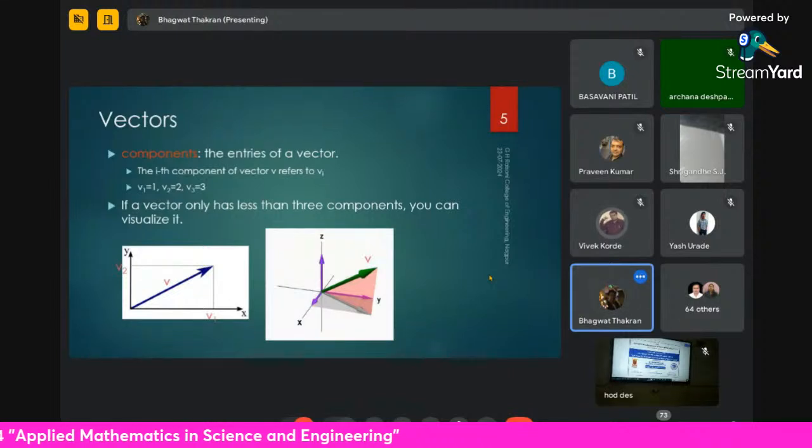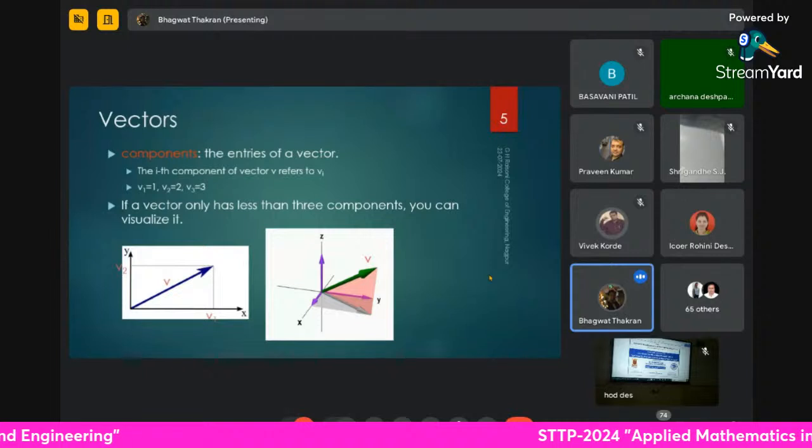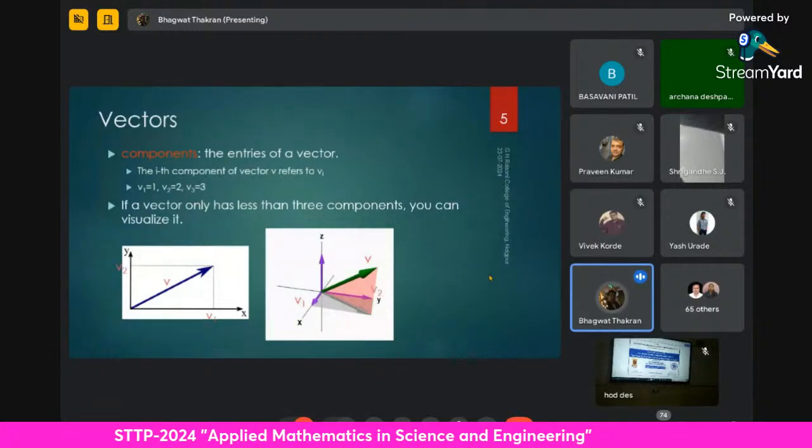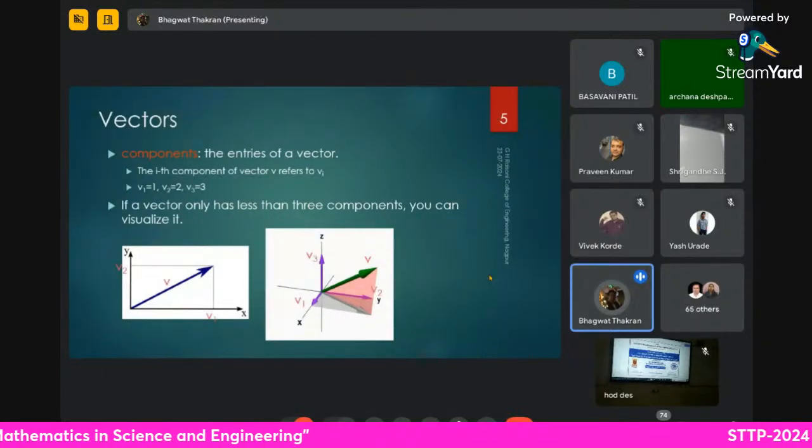Similarly, if I consider a matrix of three components, having order 3 by 1, then on the x-axis it is the v1 component, on the y-axis the v2 component, and on the z-axis it will be the v3 component.